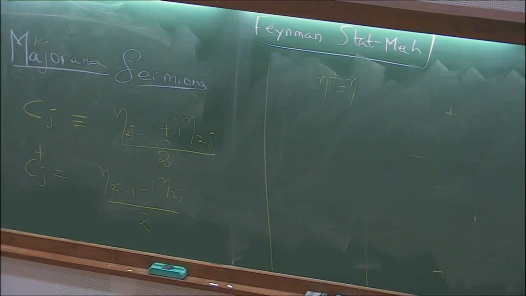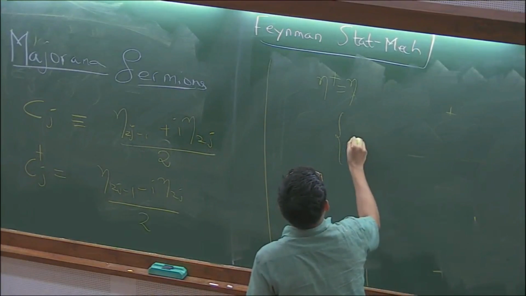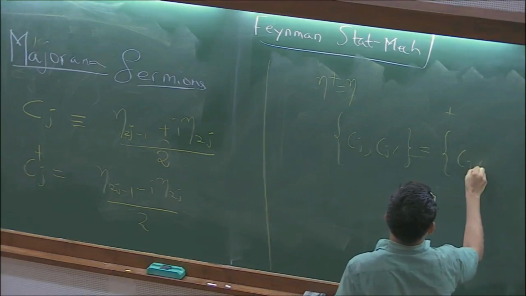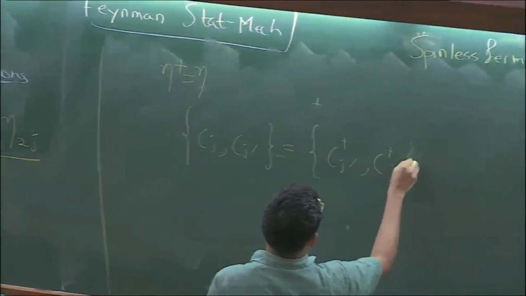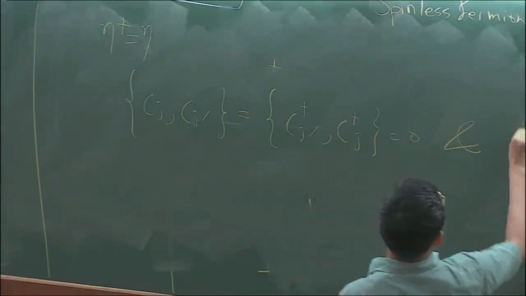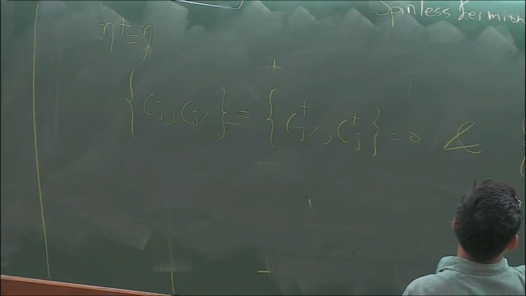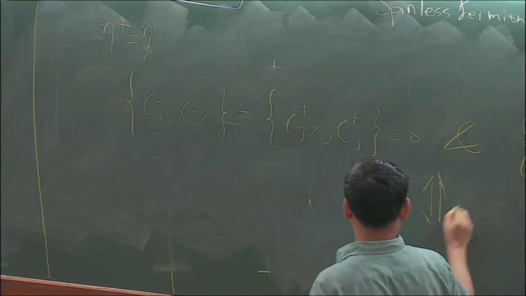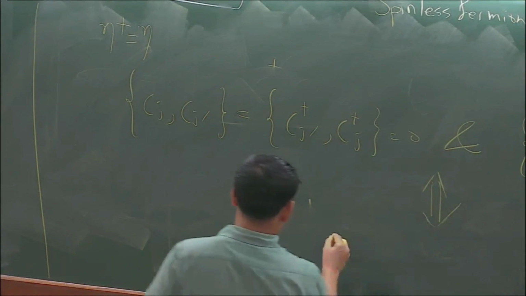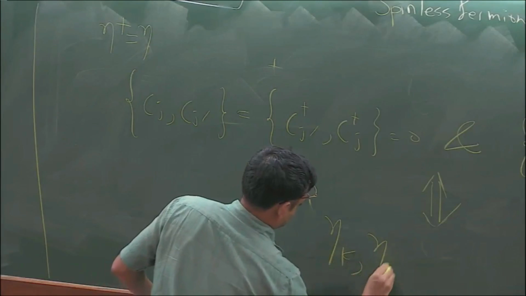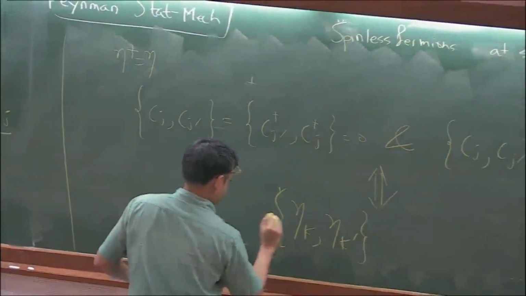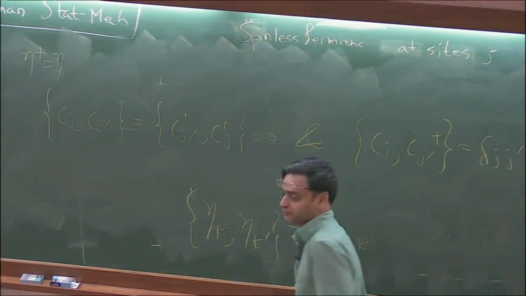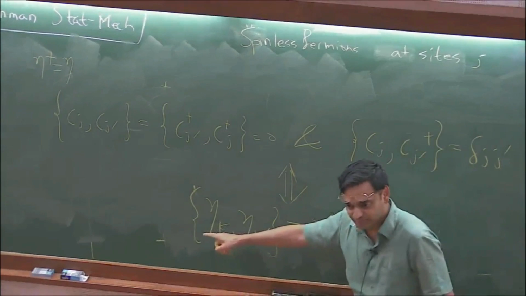What do you need for these guys for the regular things to happen here on the left? And again, it's like a 2-minute algebraic exercise to convince yourself that the anti-commutator of C_j and C_j' dagger equal to delta_{jj'} implies and is implied by, it goes both ways, the anti-commutator of eta_k and eta_k' equal to 2 delta_{kk'}. So if it's the same eta, it squares to 1.